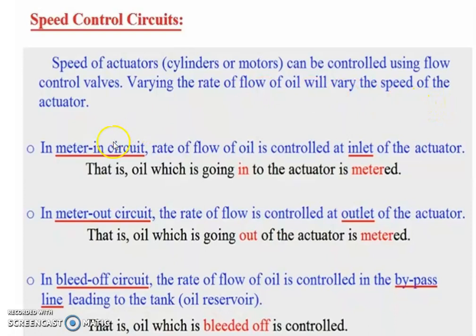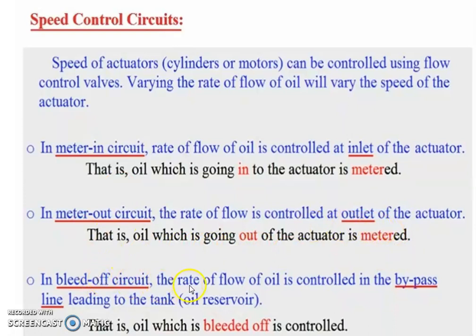In meter in circuit, the rate of flow of oil is controlled at inlet of actuator, that is, oil which is going into the actuator is metered. In meter out circuit, the amount of oil admitted is controlled at outlet of actuator, that is, oil which is going out of actuator is metered.